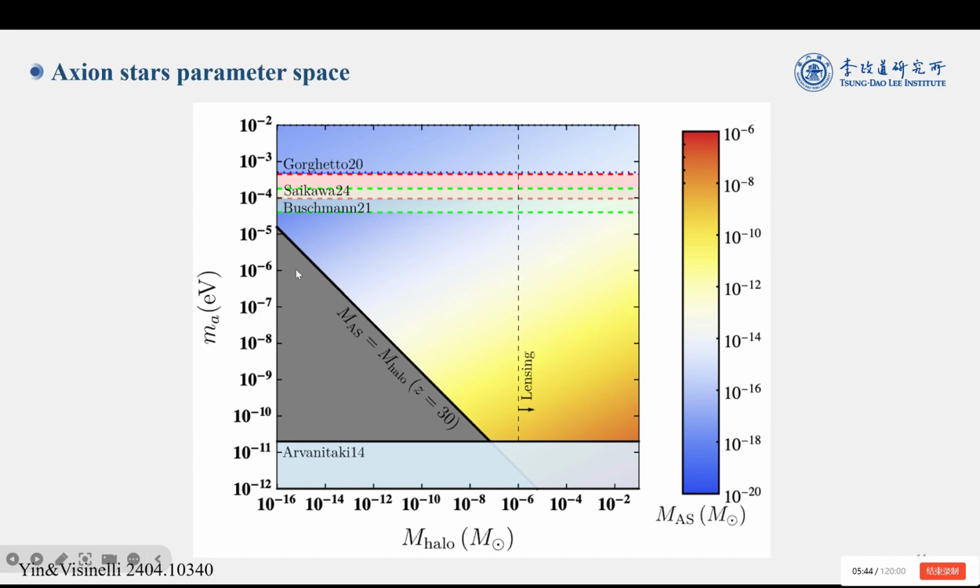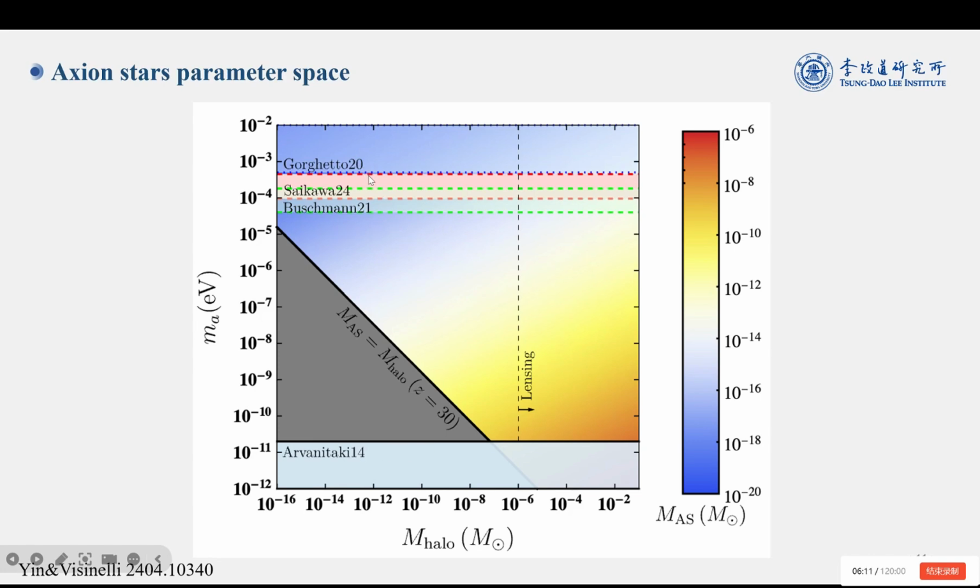The green exclusion region comes from the constraint on the axion star mass, and the light blue exclusion region comes from the measurement of black hole spin, due to superradiance by emission of light particles.